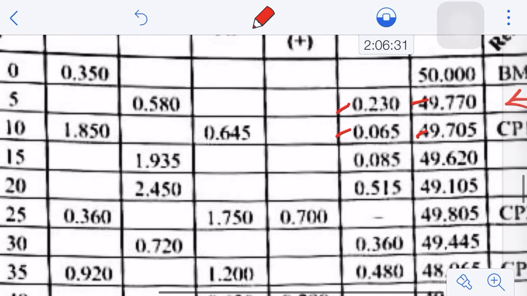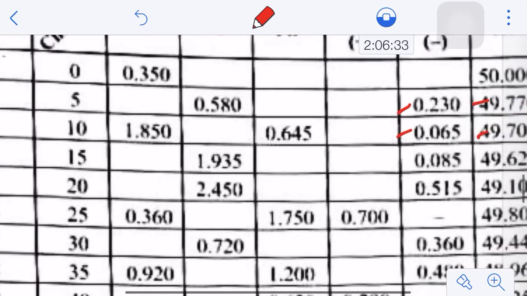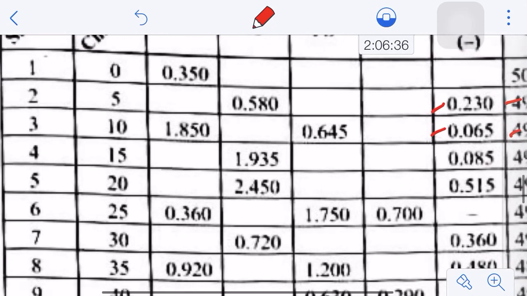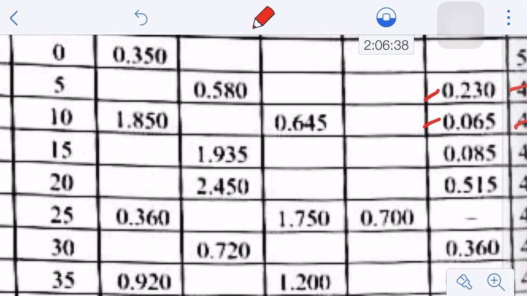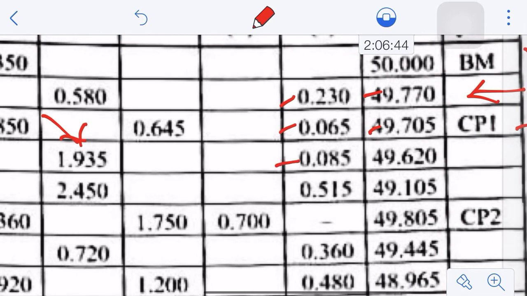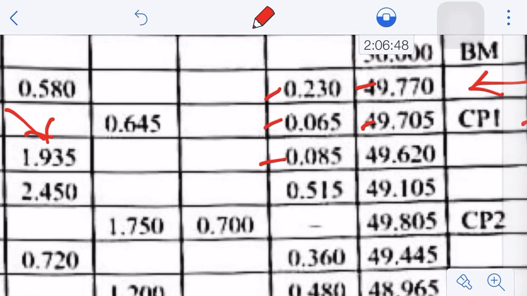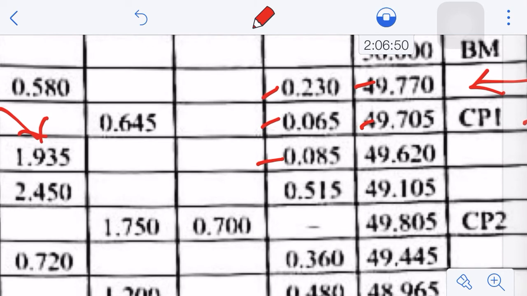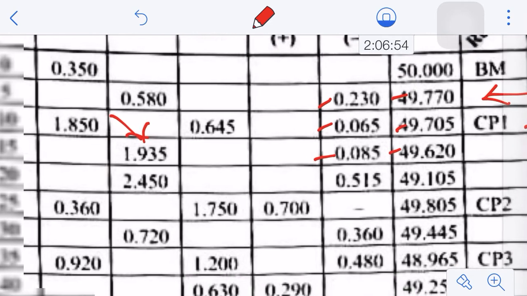And what we have to do now, simply for station number 4, we are moving from 1.850 to 1.935. That means your reading is further increasing, so it is indicating fall. The difference is 0.085. It has to be subtracted from your previous RL, 49.705 minus 0.085, and you will get 49.620.